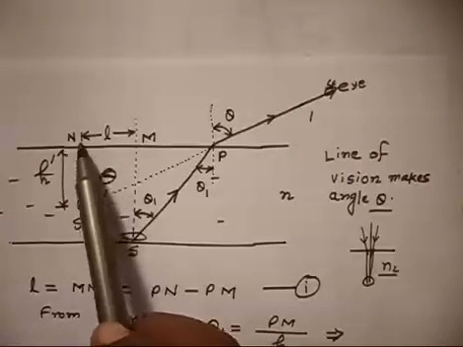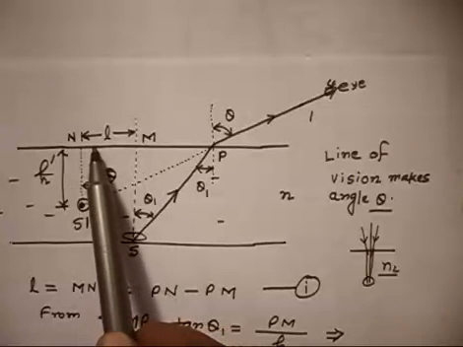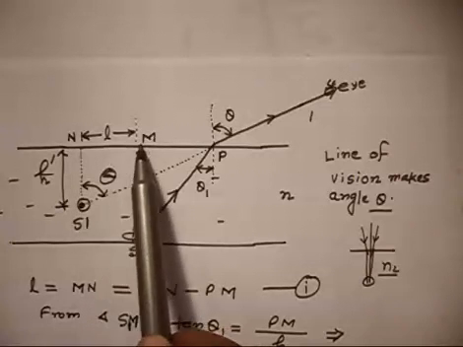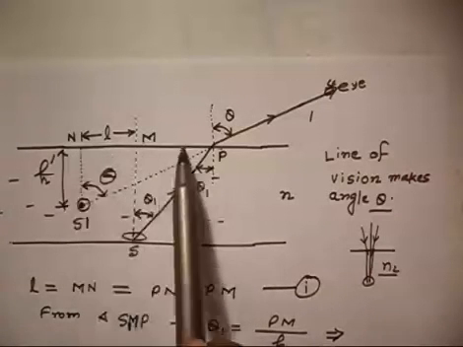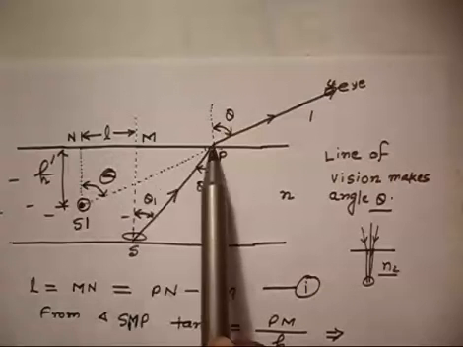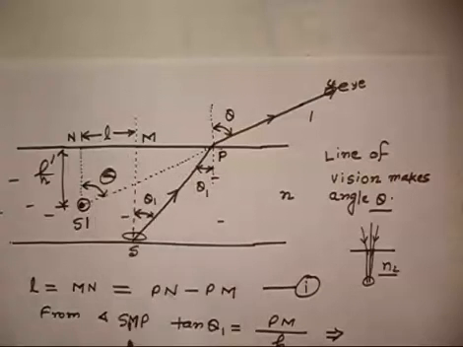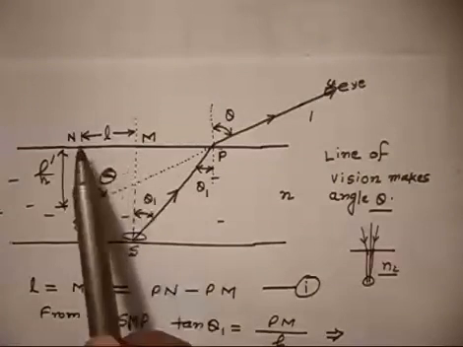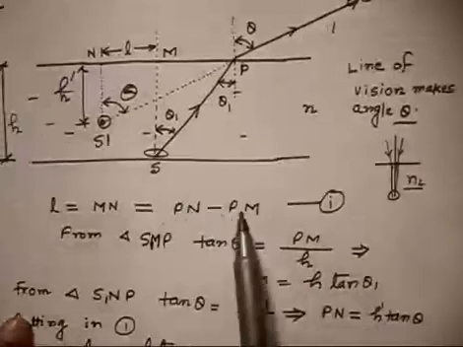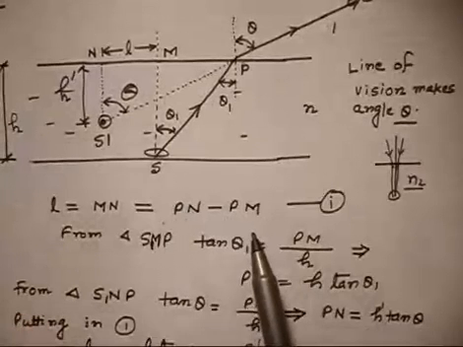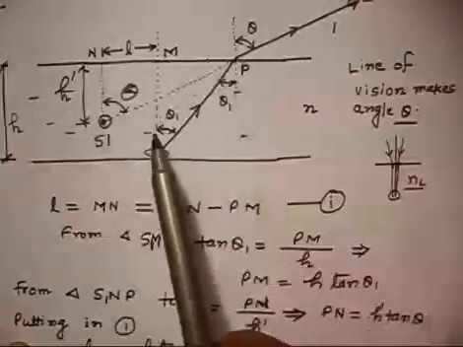Now you see, this length L I can find if I see this triangle. So in this triangle, that is the triangle NSP, I can find this distance. Now if I subtract the distance that we can find from the other triangle, this length L, that is MN, is nothing but NP minus MP. So NP minus MP. Are you getting or not? Because I am interested in two triangles. I am interested in this triangle, and I am interested in this triangle.